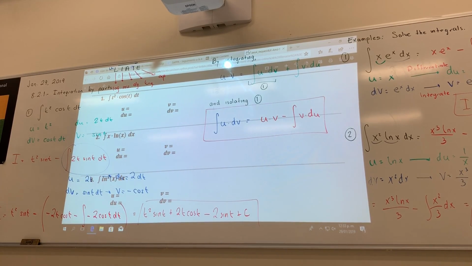We don't know, perhaps. Now, listen. There is a way to simplify the process if you have integrals such as this one. Not all integration by parts, but such as this one. There's a way to simplify the process instead of doing it 1, 2, 3, 4 times. So I'll give you that.